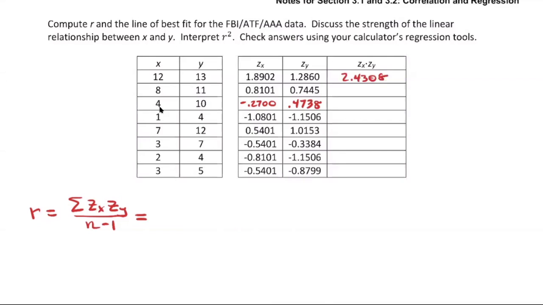Okay, the next pair. And if somebody wants to add these as I go, you can pause on the multiplications and just start adding these. The next is 0.6031.